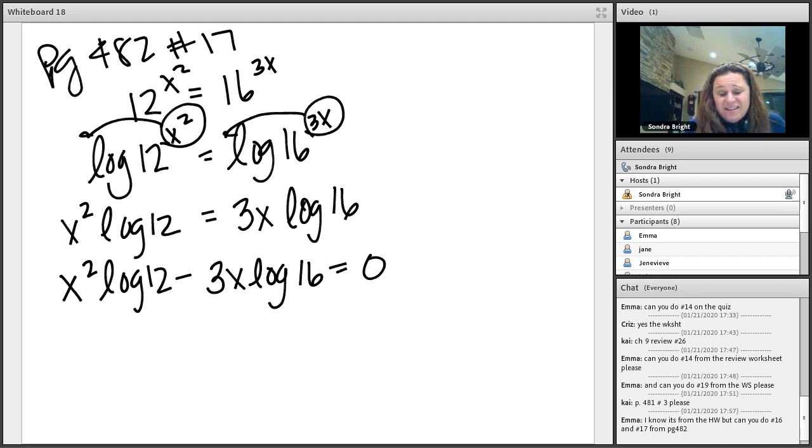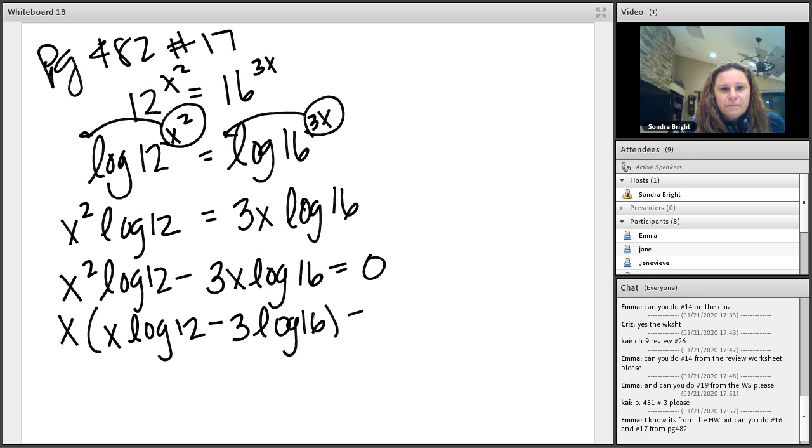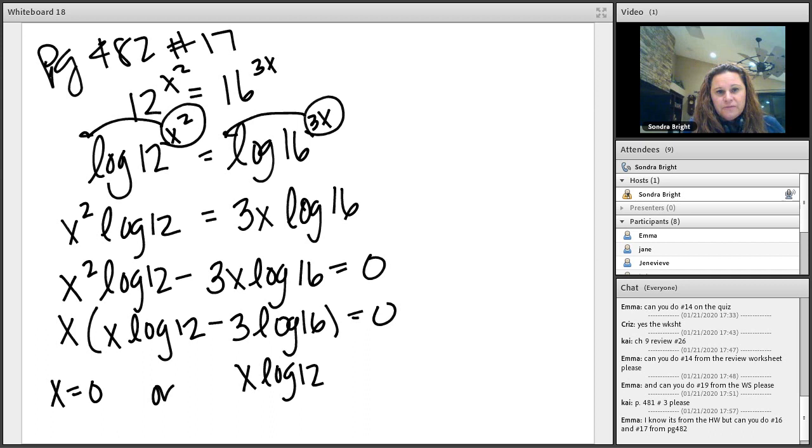There is an x in common to both, so I could factor that out. Like that. Set each of those factors equal to 0. So either x is 0 or x times log of 12 minus 3 times log of 16 is 0.